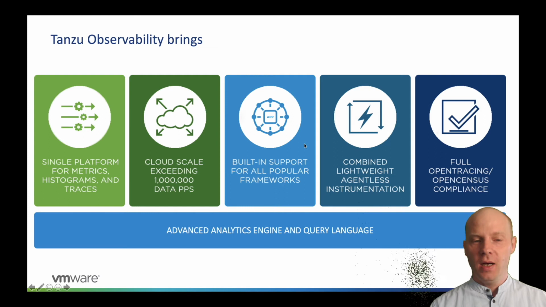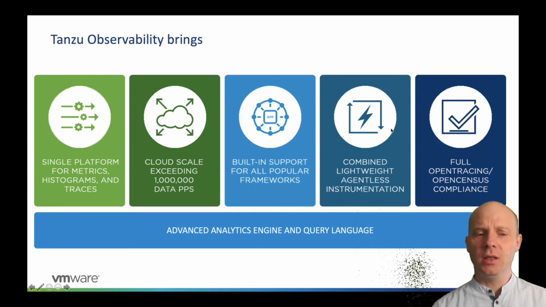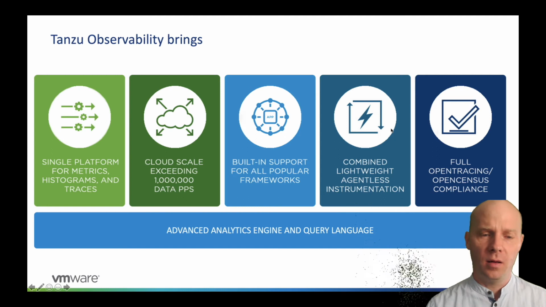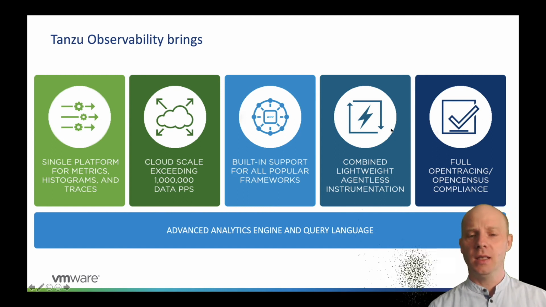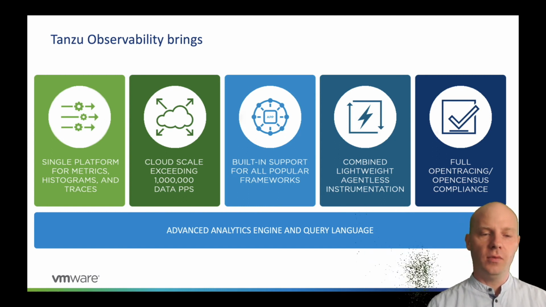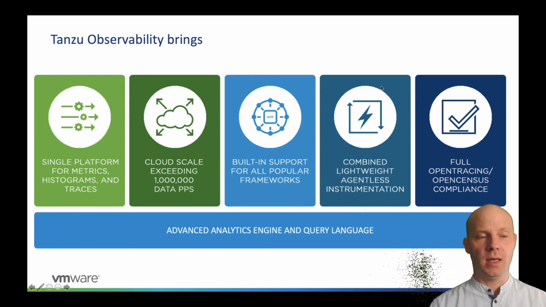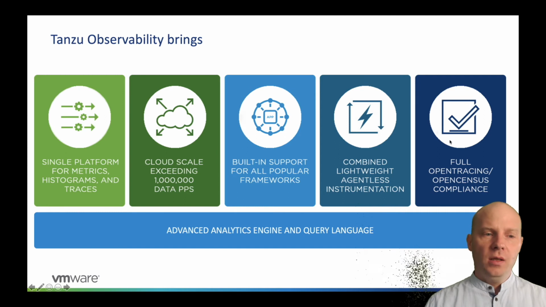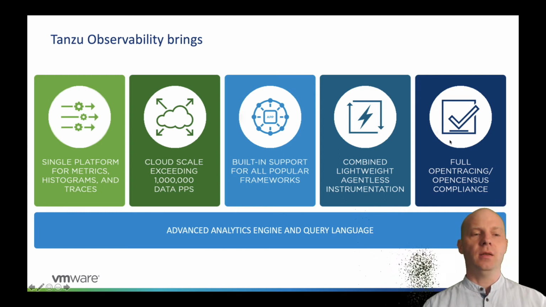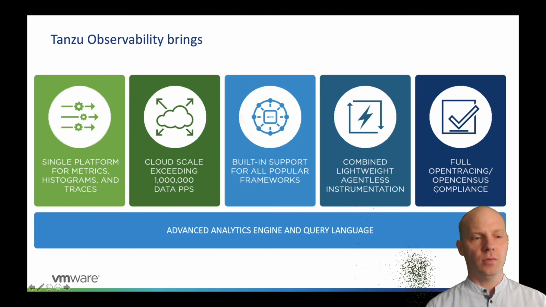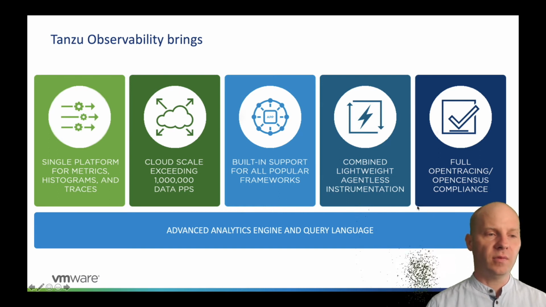We do have integrations into all the popular frameworks like Java, Spring, Python, and Go. And while traditional APM solutions require bulky resource-hungry agents, we can do a lot with the Tanzu Observability SDK that has negligible impact. If you're already using OpenTracing or OpenSensors, this is not a problem. We can connect that to Tanzu Observability.